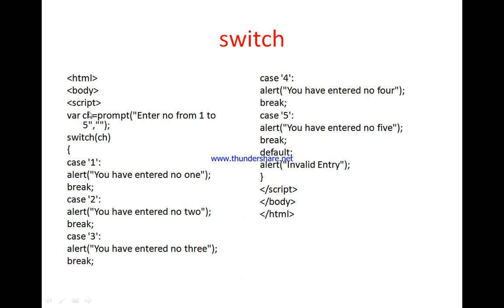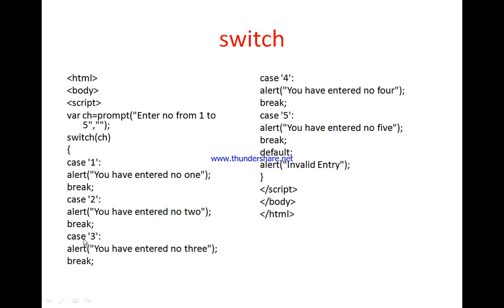And when this entered value ch does not match any case value, then the default block present in the default case is executed. Now if you enter a number, suppose 6, it does not match 1, 2, 3, 4, 5, so it executes the default block, invalid entry. But suppose you enter the value 3. Does it match 1? No. Does it match 2?